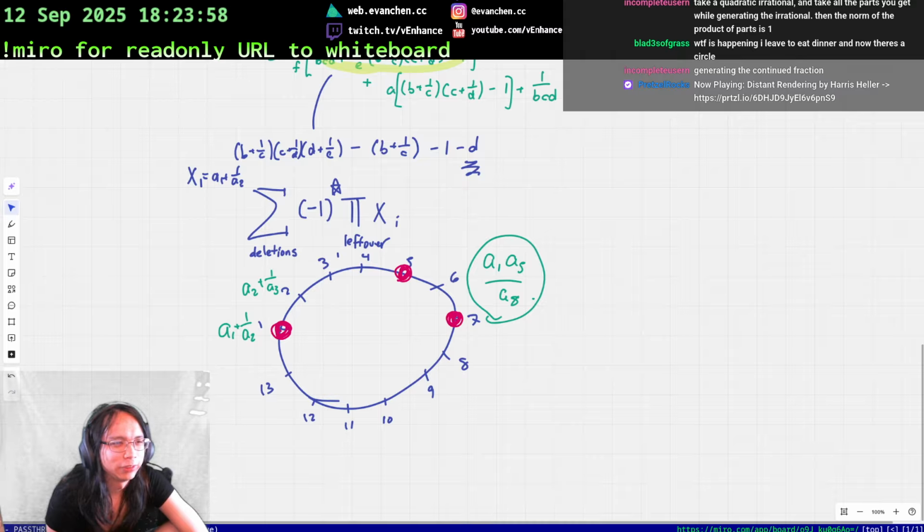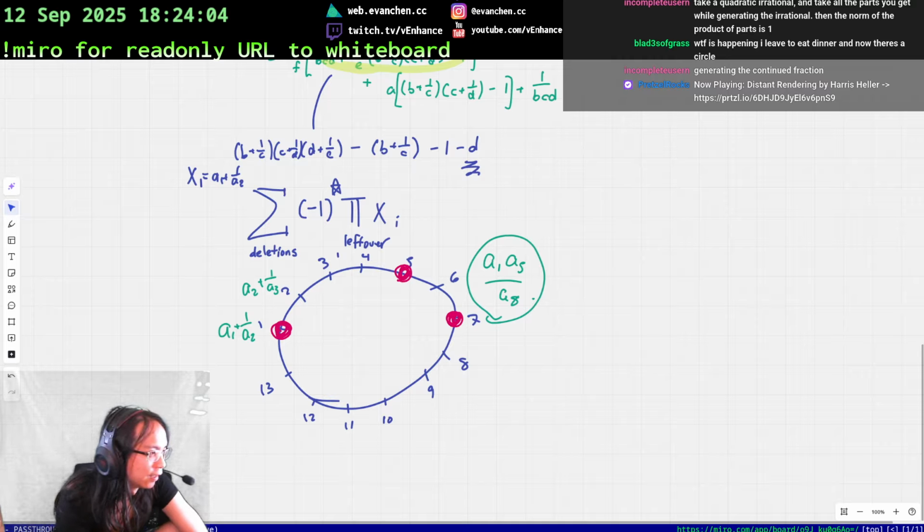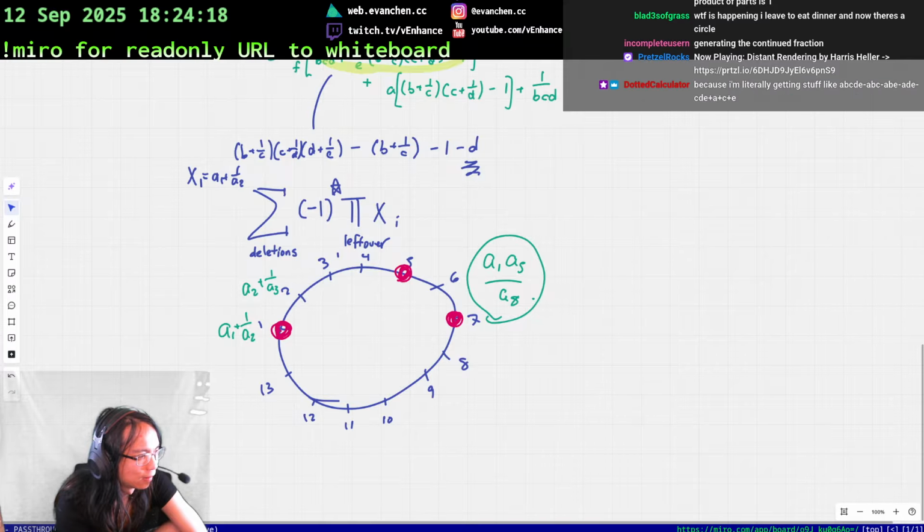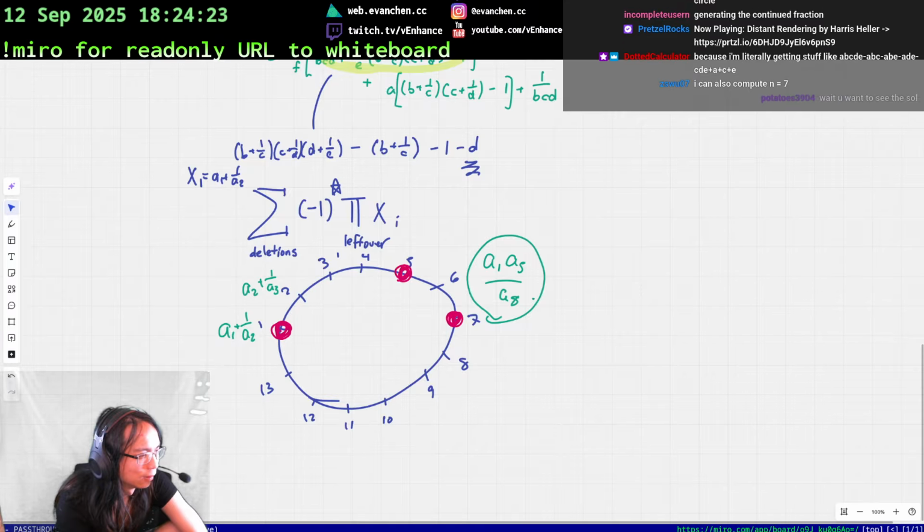Can we make the deletion thing precise? So is it actually -1 to the number of... I'm actually, no, I don't quite believe that.